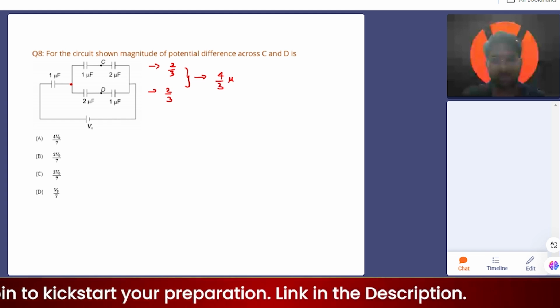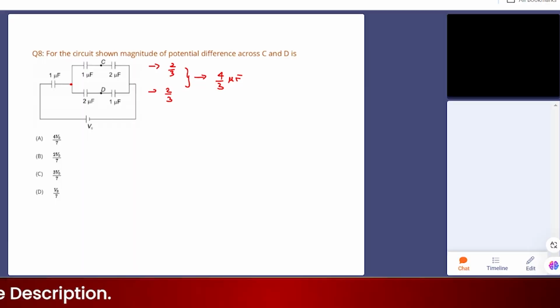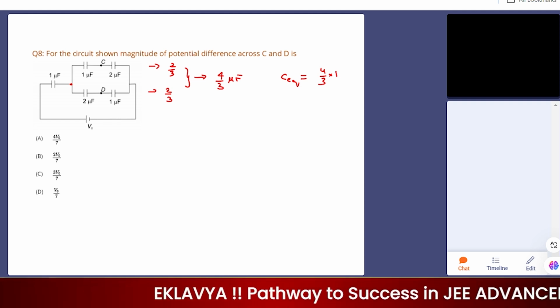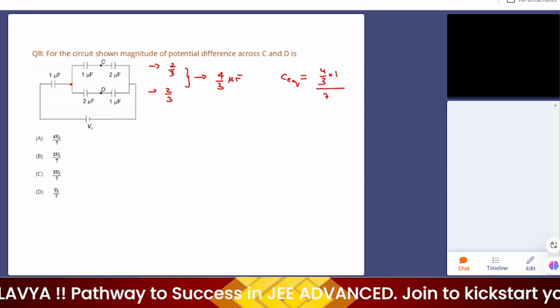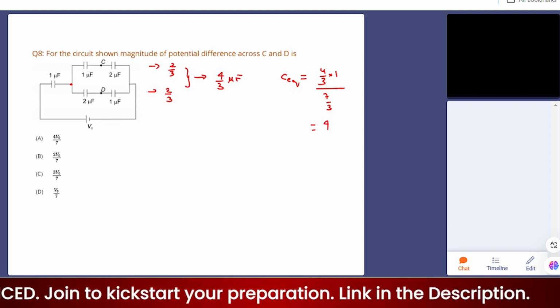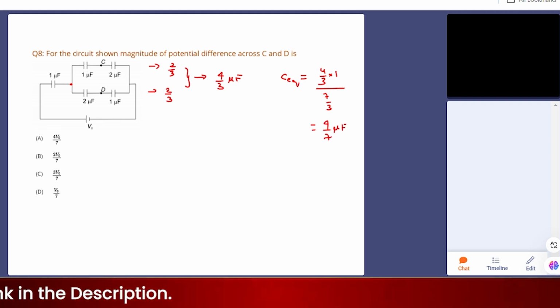That will become 4 by 3 microfarad, and this 4 by 3 microfarad is in series with this particular 1 microfarad. So total C equivalent will become 4 by 3 into 1 divided by 4 by 3 plus 1, that will be 7 by 3. So total C equivalent, we are having it as 4 by 7 microfarad.